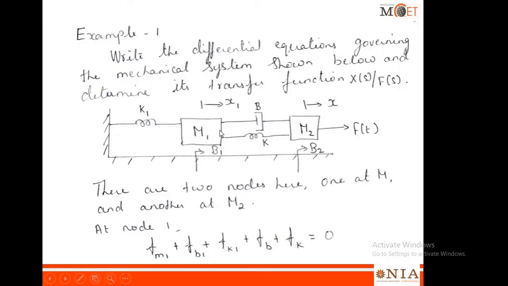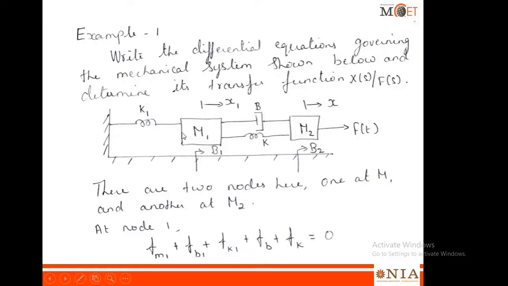So the first point that we have to do is identify the nodes. I told you that masses usually act as nodes. So you can see here this particular mass M1 will act as one node, because here we have connected other elements like B1, K1, B, K. So how many elements are there? 5 elements: 1, 2, 3, 4 and 5.